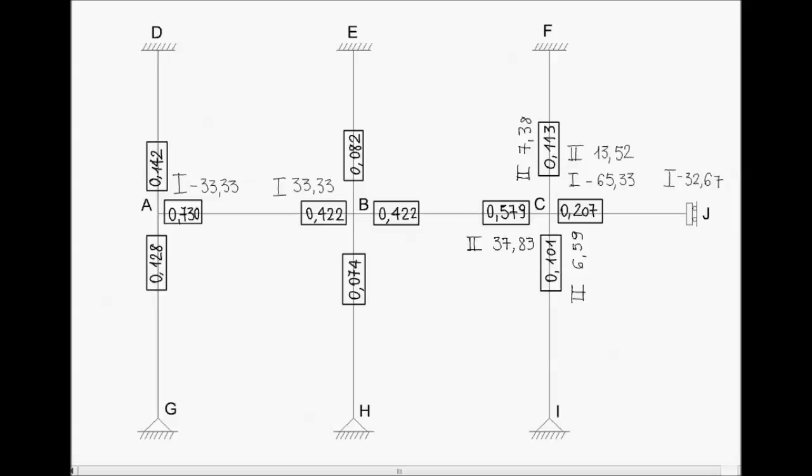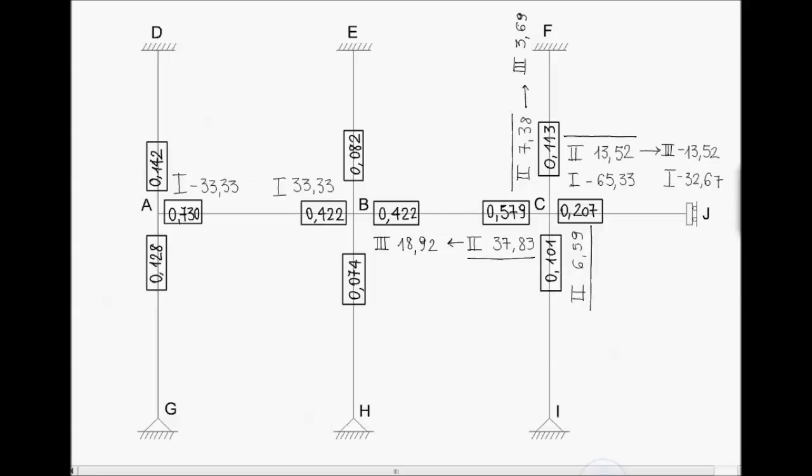Then we have to calculate also, considering the carryover factors, the third moments, which are these ones. Consider that for beams BC and CF, the carryover factors are 0.5 in both cases, while for beam CJ the carryover factor is equal to -1, and for beam CI the carryover factor is 0, since on the support we will not have any bending moment.